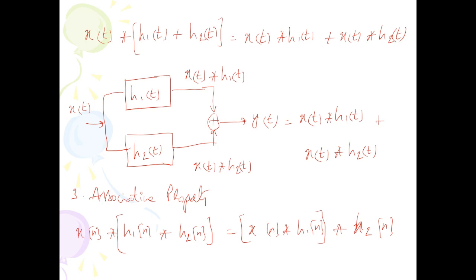Similarly, in the continuous time case, x of t convolution with h1 of t convolution with h2 of t is equal to x of t convolution with h1 of t convolution with h2 of t.